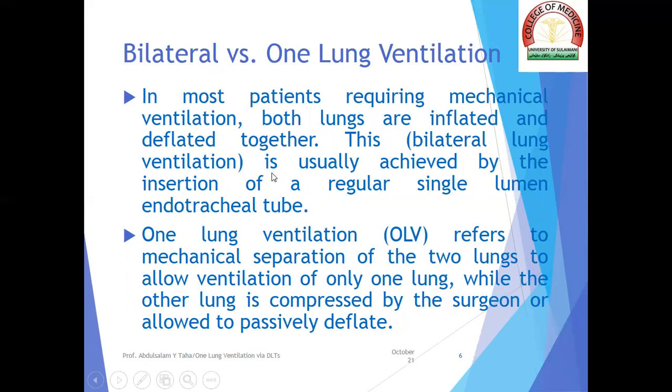This bilateral lung ventilation is usually achieved by the insertion of a regular single lumen endotracheal tube. One lung ventilation refers to mechanical separation of the two lungs to allow ventilation of only one lung while the other lung is compressed by the surgeon or allowed to passively deflate.